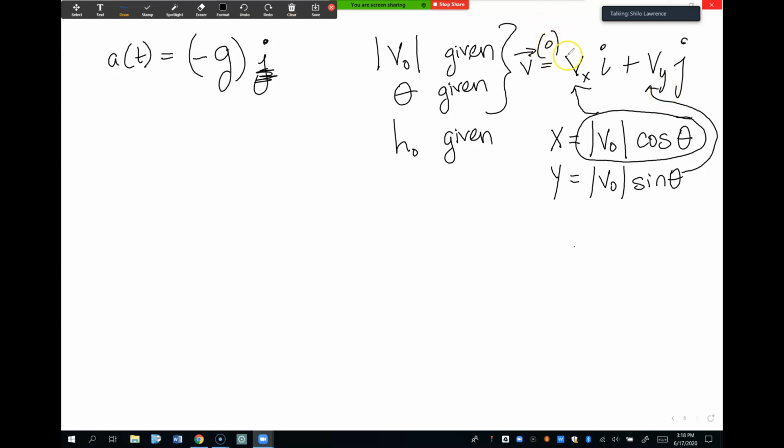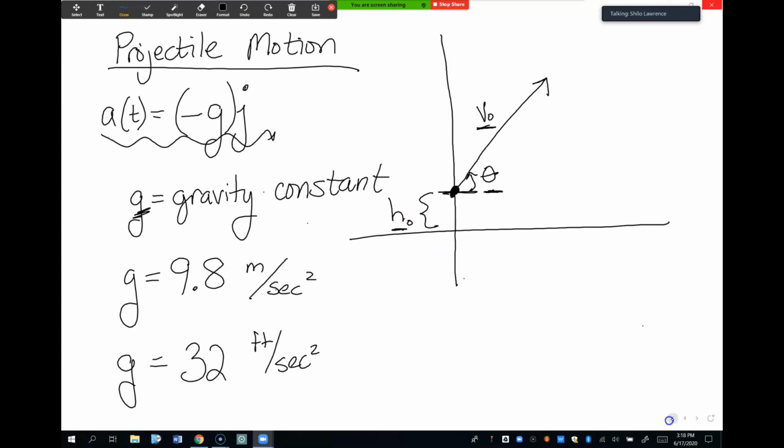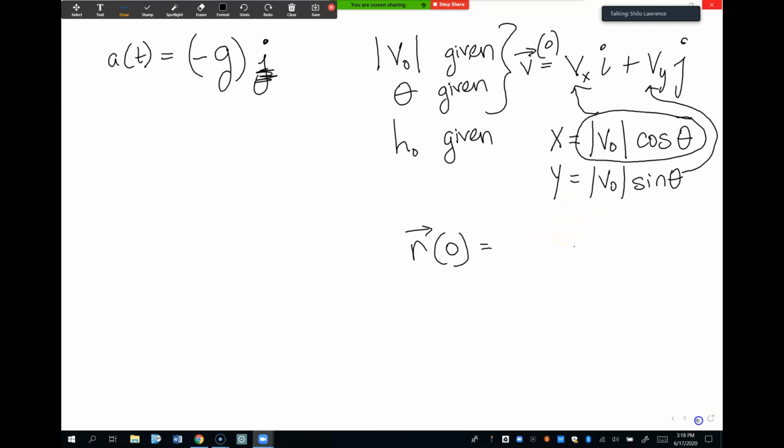So we know initial velocity. This is v at 0. We also know position at 0, because initial position is right here. It's got an x value of 0 and it has a y value of h sub 0. This point right here is 0, comma h sub 0. That's our initial position.